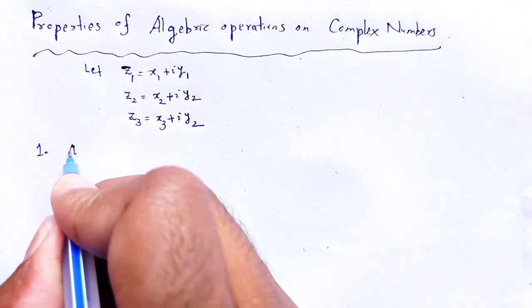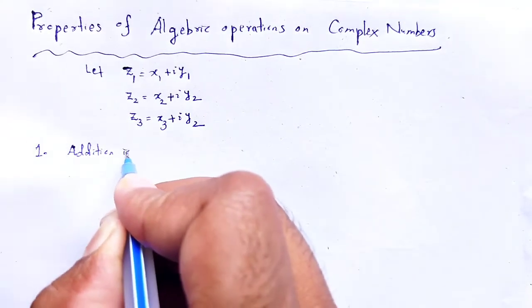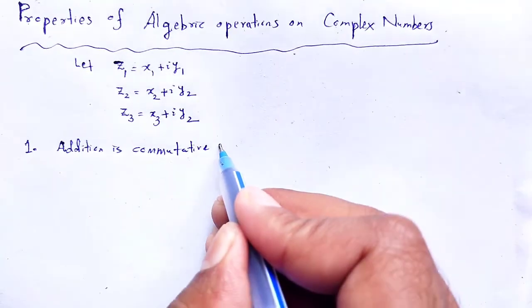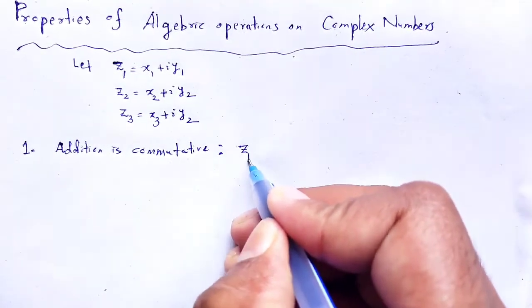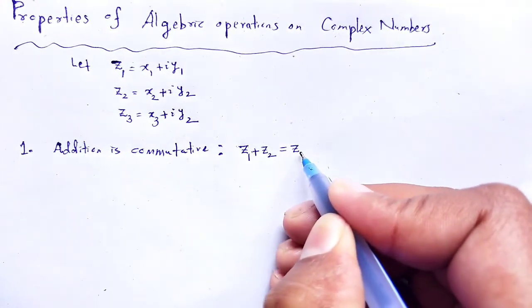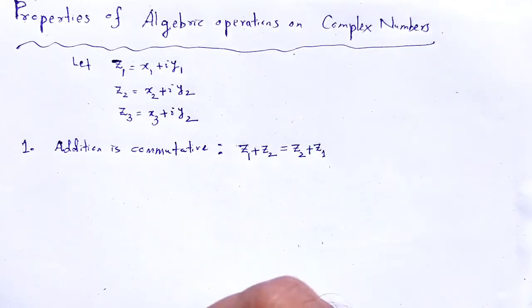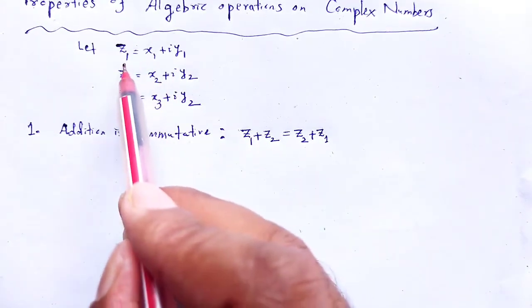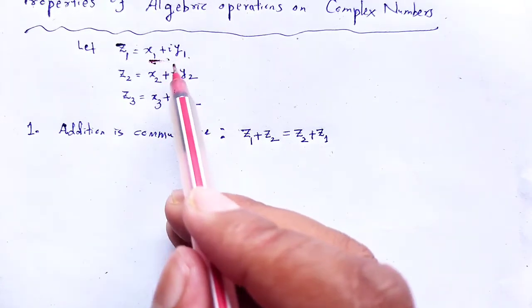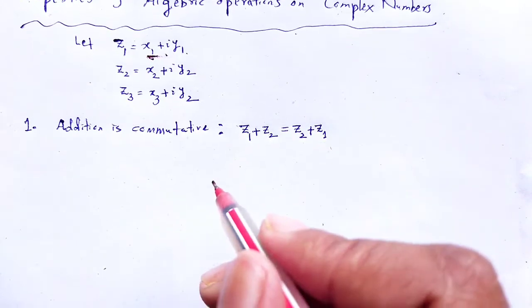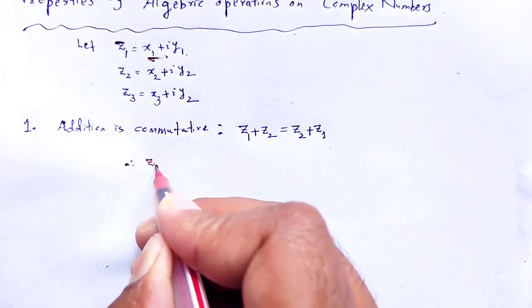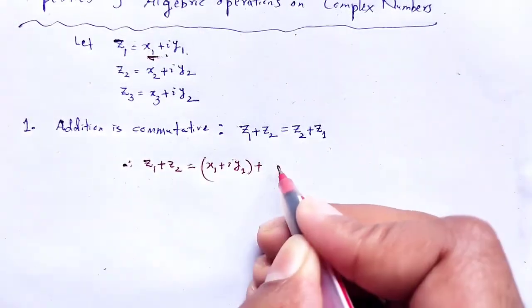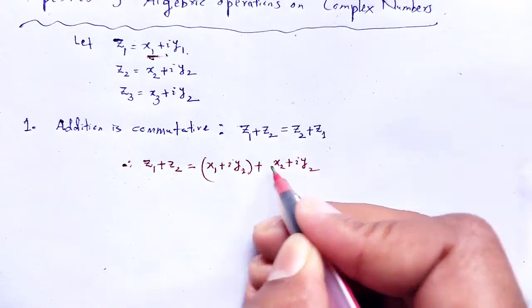So, addition is commutative. Addition is commutative means z1 plus z2 is the same as z2 plus z1. We can prove that. We know z1 is equal to x1 plus iy1. So, z1 plus z2 is equal to x1 plus iy1 plus x2 plus iy2.